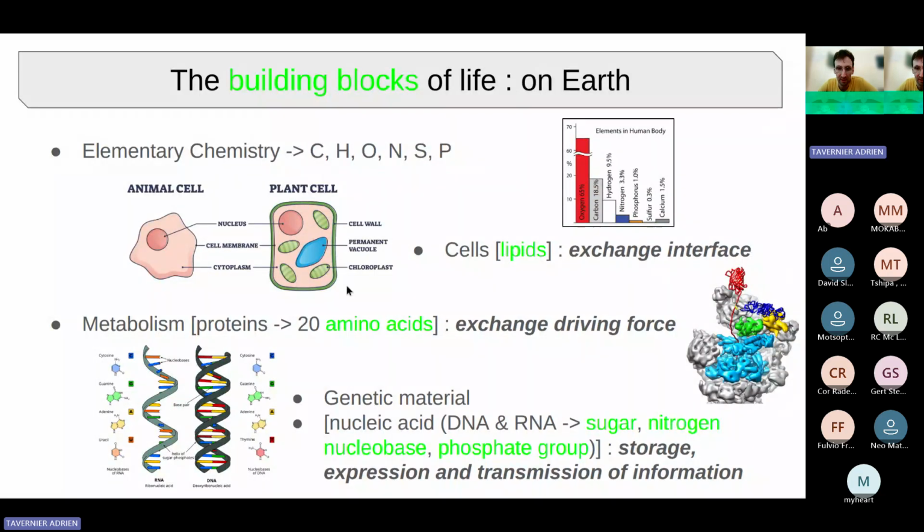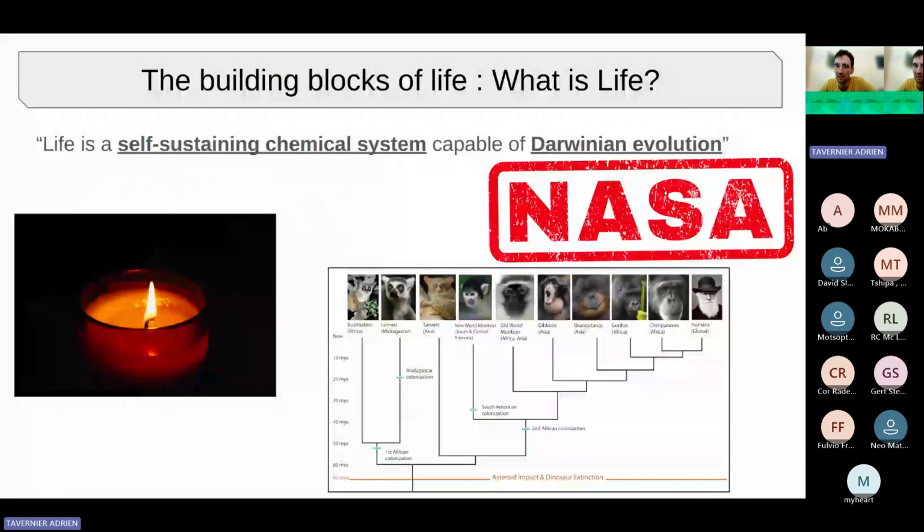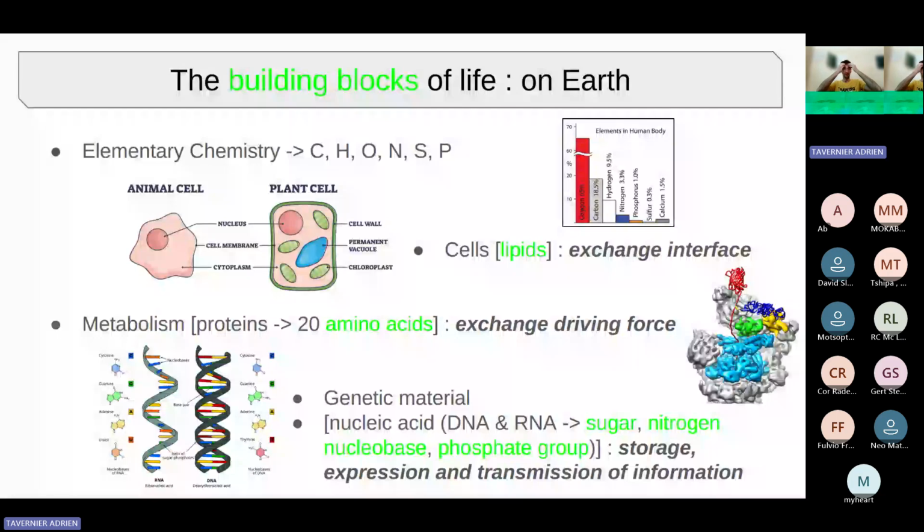Then, coming back to the definition, a self-sustaining chemical system has to be open. Open, in terms of thermodynamics, means that there is exchange between the environment and life. In order to have exchange, you have to separate interior and exterior parts. This is the main purpose of the cell.